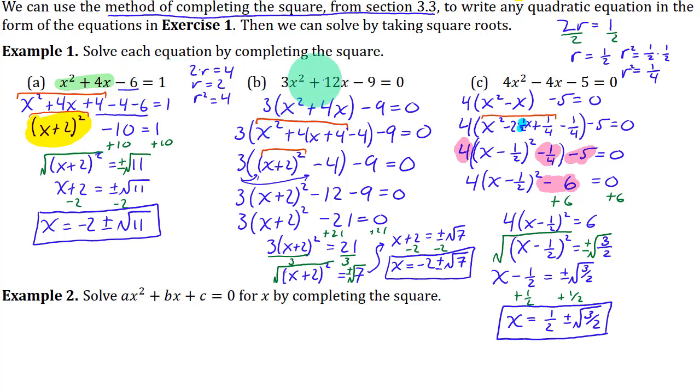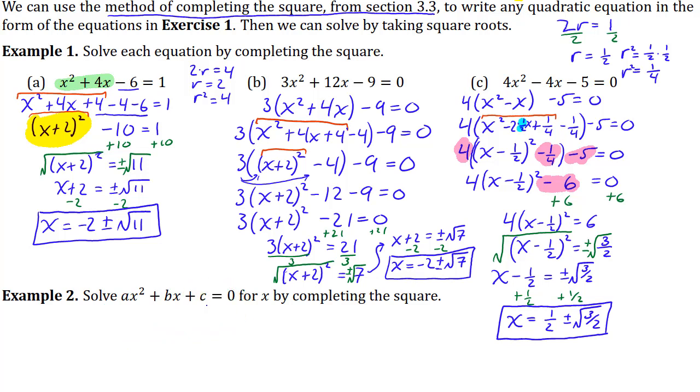Sorry, with this one we have A equals 3, B equals 12, and C equals -9. And we can go through all of these steps, just like this, and complete the square that way, and solve it that way. But what if we wanted to do the same thing, but as if you don't know what A and B and C are? That's what this one's about.